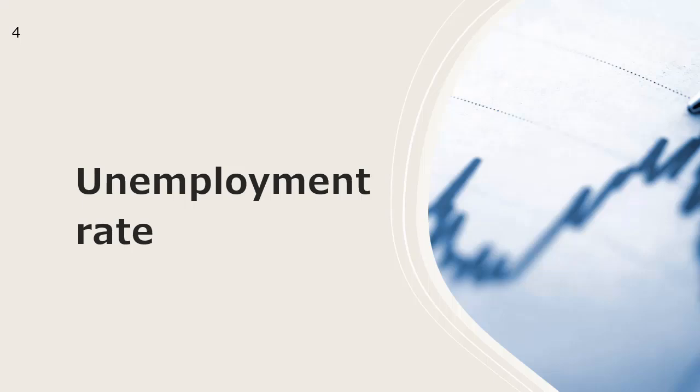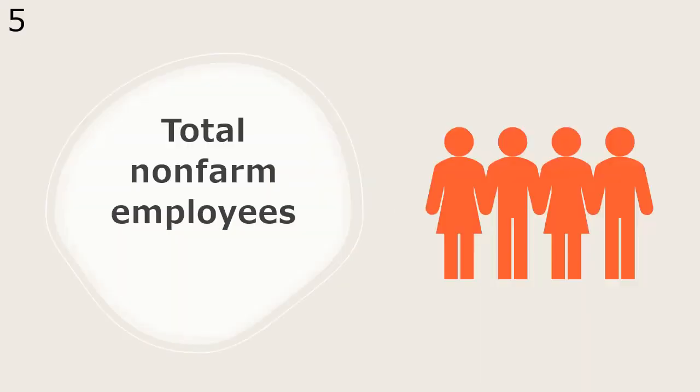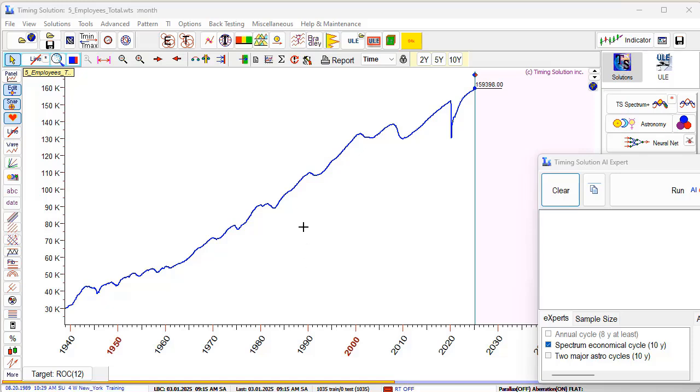Next example, it's a more interesting example. You see this is total non-farm employees. Just a sec. You see, this is the amount of payrolls. This index has numbers available since the end of the 1930s. Very good for analysis.